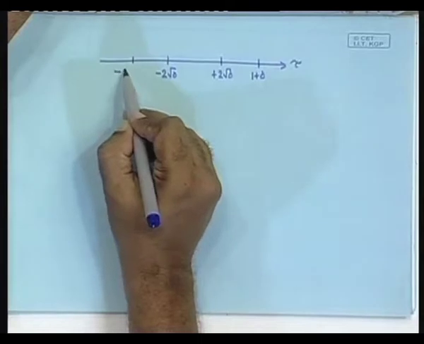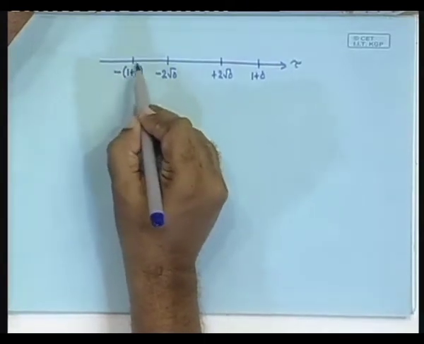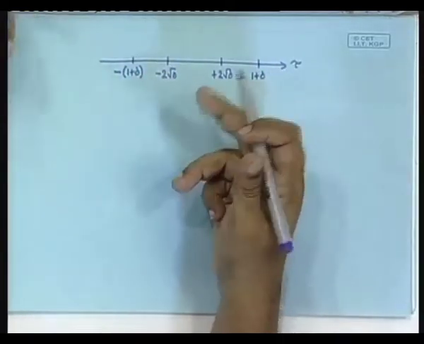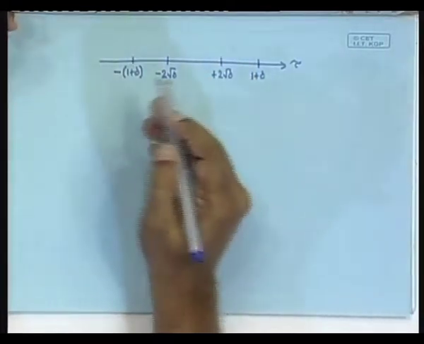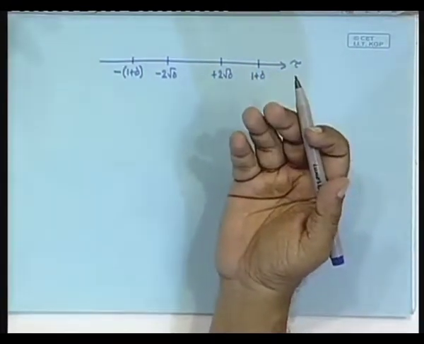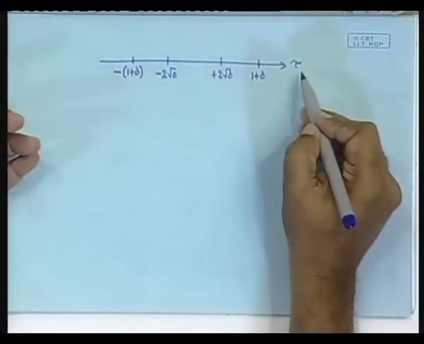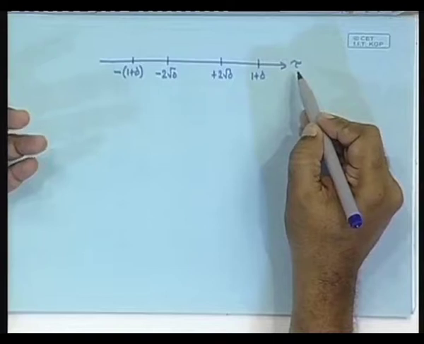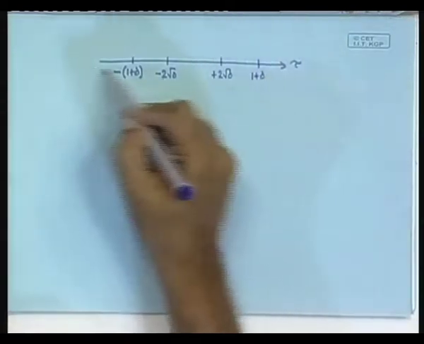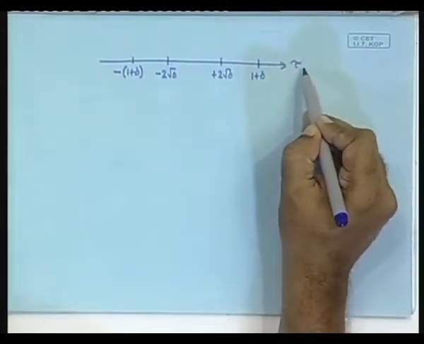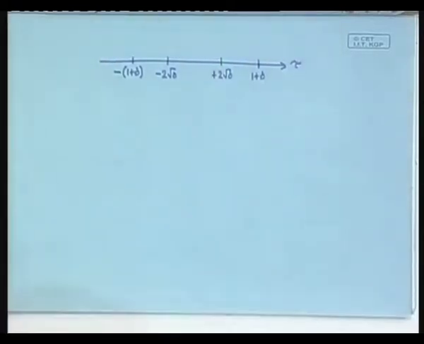Another here is -1 minus delta. If it is within these two, it is a flip attractor. Outside this, flip saddle. Right. So, on the real line, I am now able to categorize these fixed points depending on the relationship of the trace with the determinant.